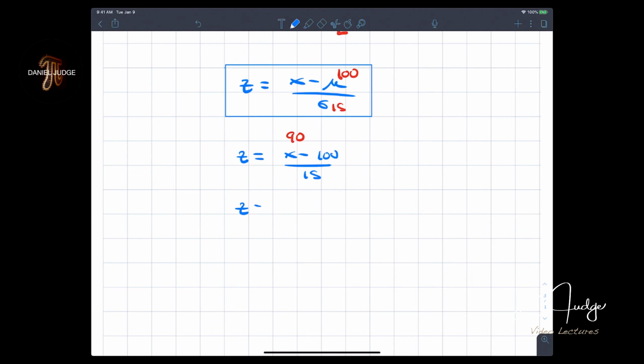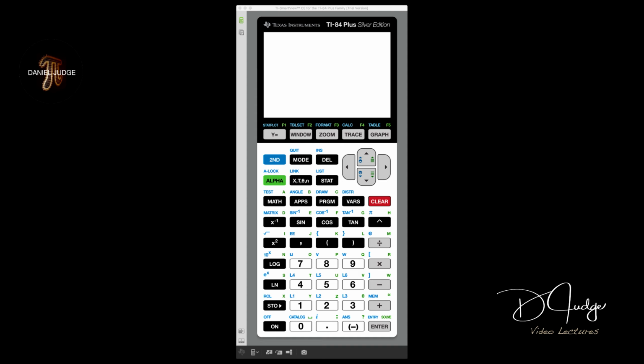So this means z will be 90 minus 100 over 15. Let's plug that in. Let's go to the TI, and you say, okay, TI, I want you to do the following here. 90 minus 100, and then you're going to divide by 15.